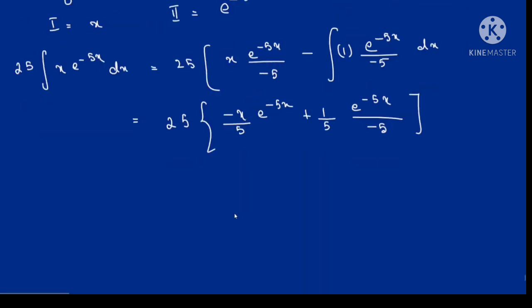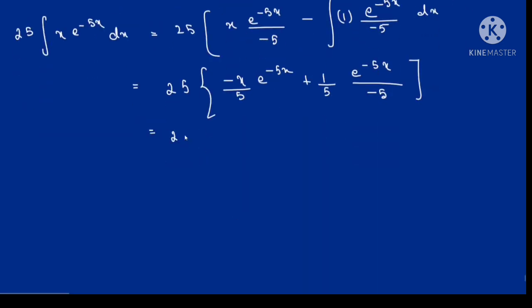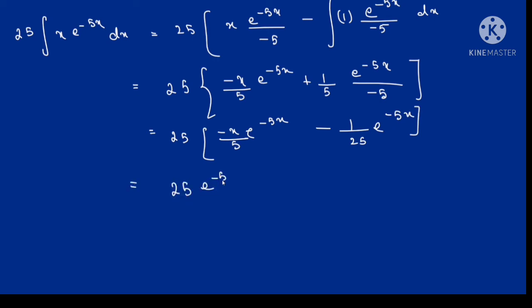So what do you get now? 25 into minus x by 5 e power minus 5x minus 1 by 25 e power minus 5x. So you can take out the 25. E power minus 5x you can take out, and also by 5 you can take out.